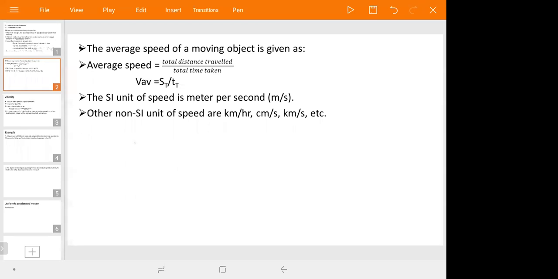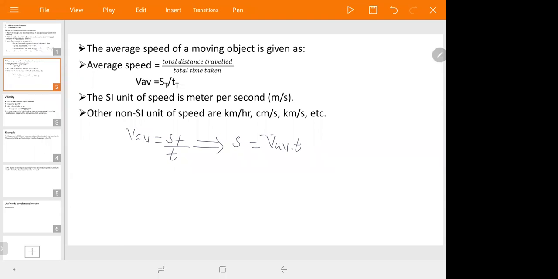From this one, for example, average speed is equal to total distance over total time taken. So total distance is equal to average speed times time, okay? Don't forget, in your next physics, you will see what average speed means.